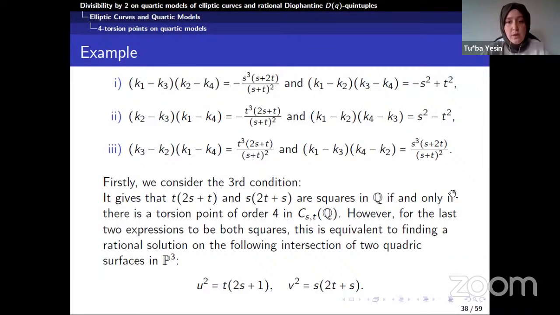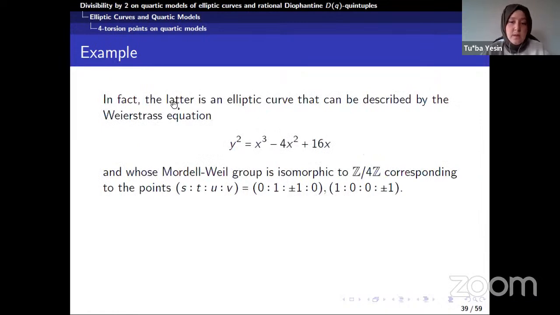These two are square if and only if there is a four torsion point on this curve. But if you are trying to find the solution of these two equations, this is the intersection of two quadratic surfaces here. And we know that this intersection will give us an elliptic curve described by the Weierstrass equation, which is here.